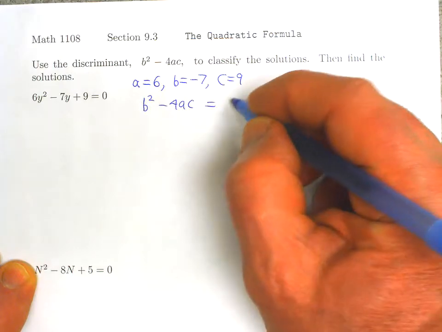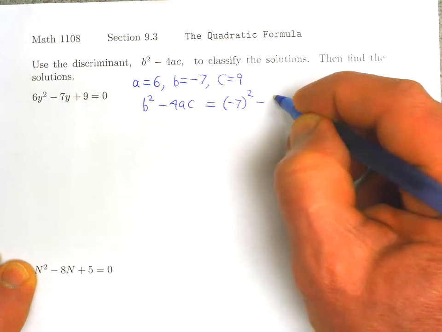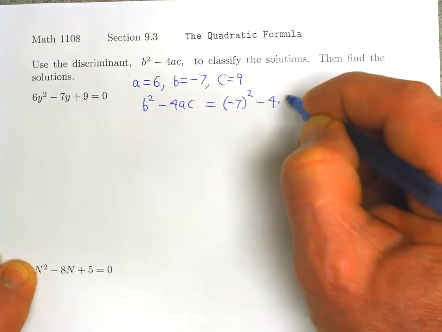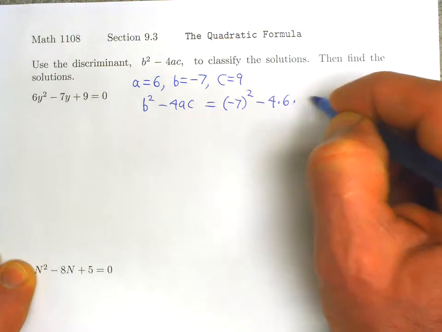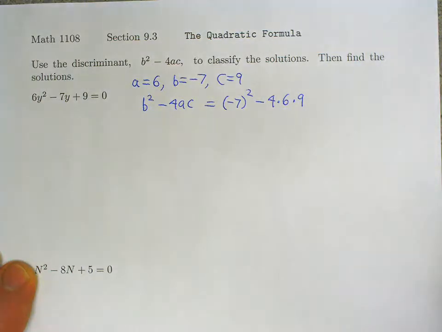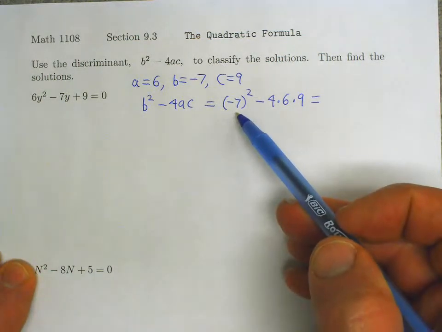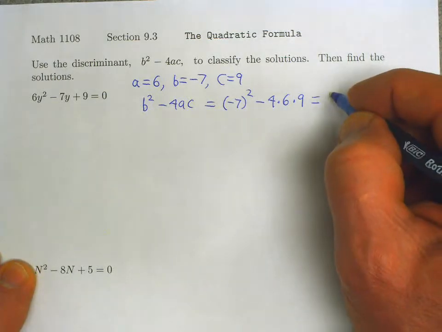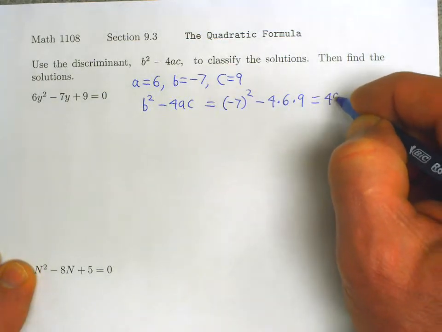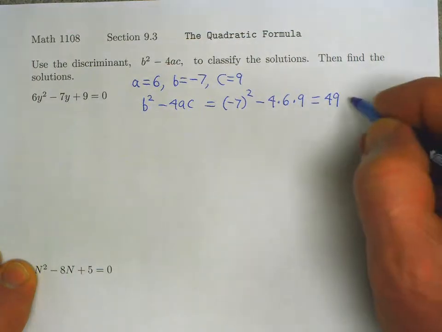B is -7, so the number -7 to the second minus 4 times 6 times 9. Okay, the number -7 squared is 49. -7 times -7.